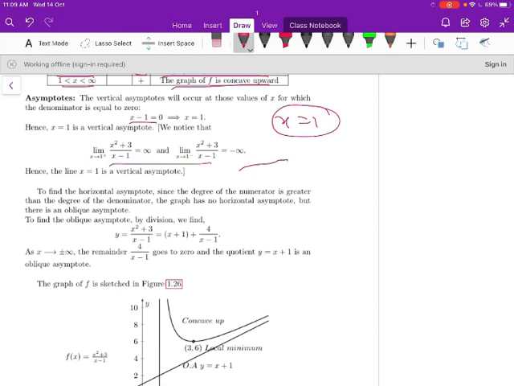But one can find oblique asymptotes. To find oblique asymptotes, divide the numerator by the denominator, so the quotient will be the oblique asymptote. Let us check how we can divide this. Now x minus 1 is the divisor, x square plus 3 is the dividend. Try to eliminate x square by multiplying x with the divisor: x square minus x.